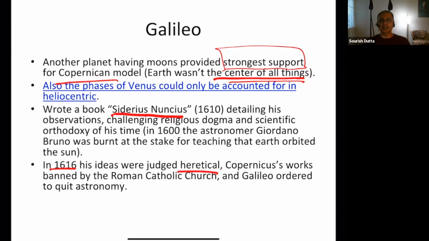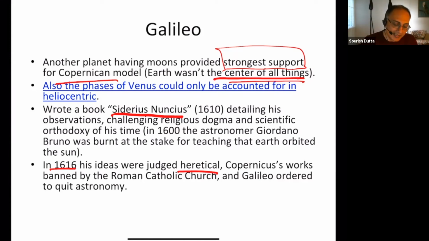So the Catholic Church decided to take action, because Galileo's ideas were getting more and more popular, and more people were getting the idea that the church had been teaching us the wrong thing this entire time. And so they judged his ideas to be heretical, and the Catholic Church banned Copernicus's book.